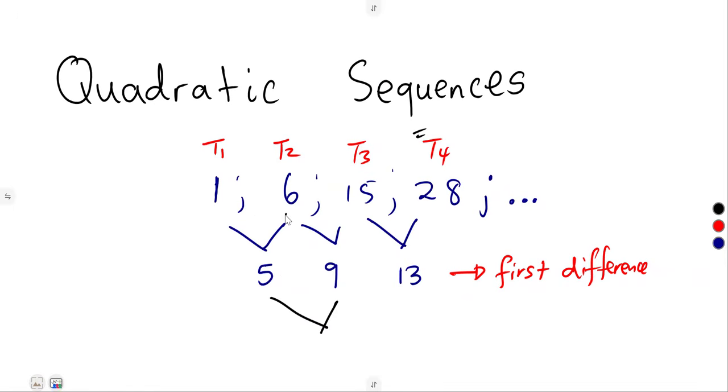So we find the difference again, just like the previous case, where you were saying T2 minus T1. Of this first difference that we have, we are going to subtract: 9 minus 5, there is a difference of 4. The same thing here, 13 minus 9, there is a difference of 4.